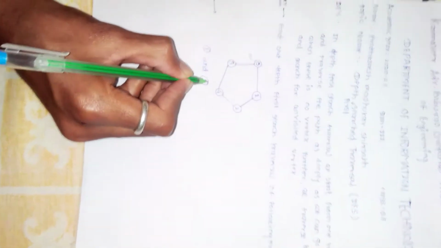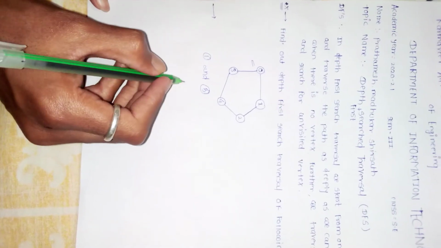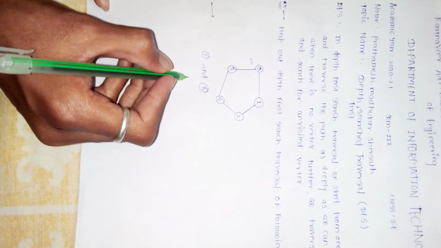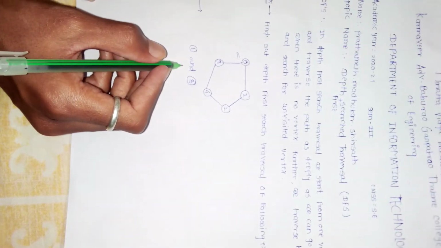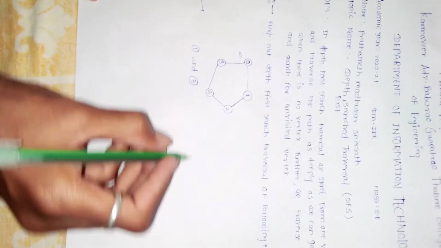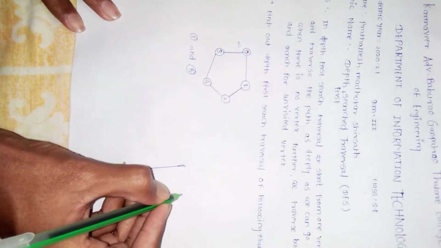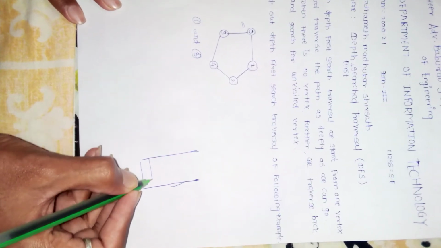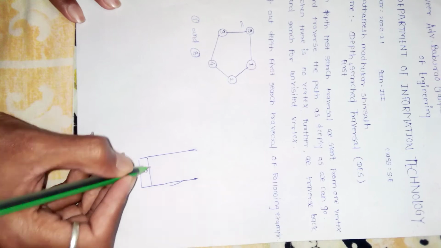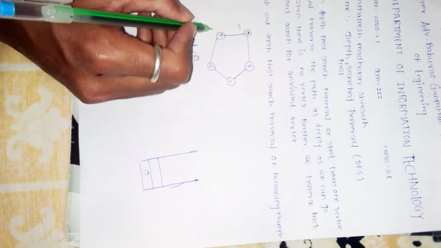But in DFS, we can take 3 because 3 is at a greater depth than 1. So for that purpose, we move elements in a stack. Firstly, we move 0, then we take the element 3.